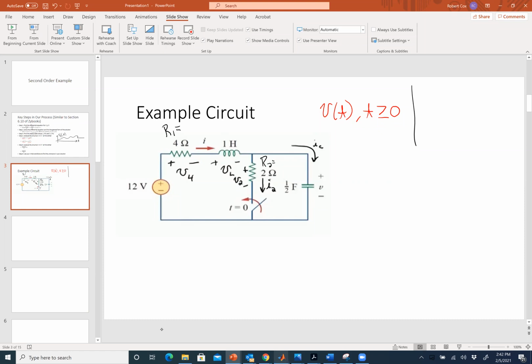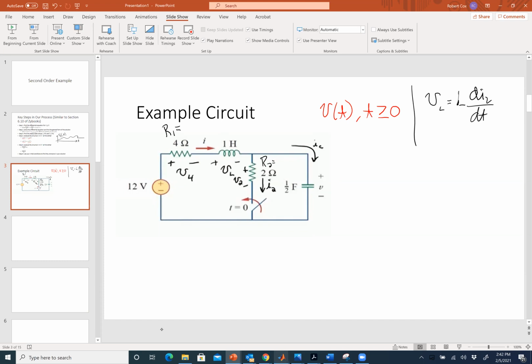IC equals C dVc dt, for the capacitor. For the inductor, VL equals L dIL by dt.